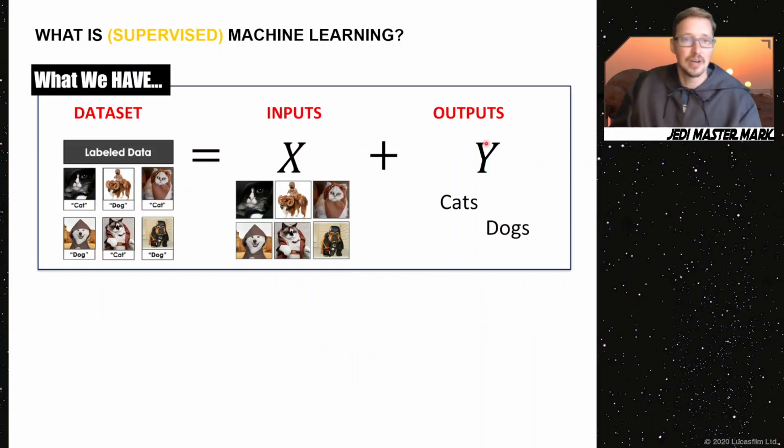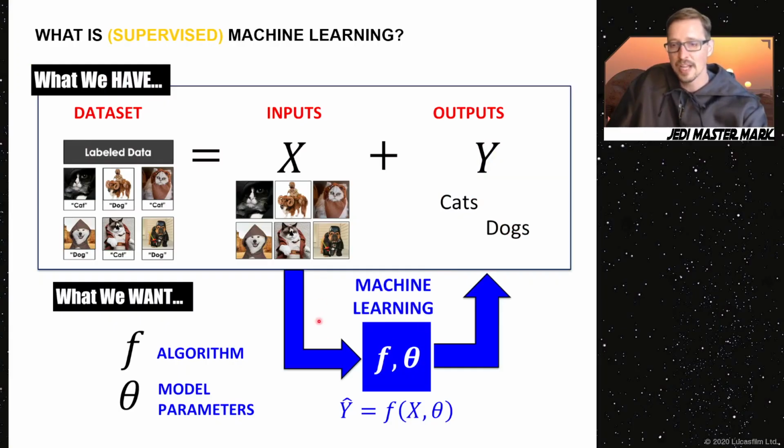So here we go. What we have is a data set equal to inputs and the outputs. And then the machine learning algorithm is going to learn the relationship between those inputs and those outputs. And in the process of learning the relationship, it's going to train these model parameters.